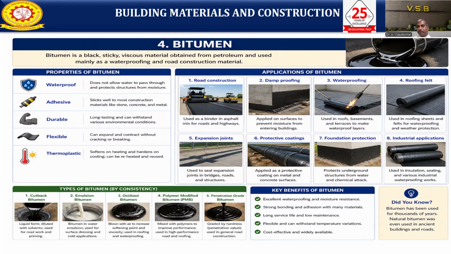Foundation protection protects the foundation from moisture or rainwater. For underground structures, it protects from water or chemical attack. Various industrial applications for insulation, sealing, and industrial waterproofing works can also use bitumen.